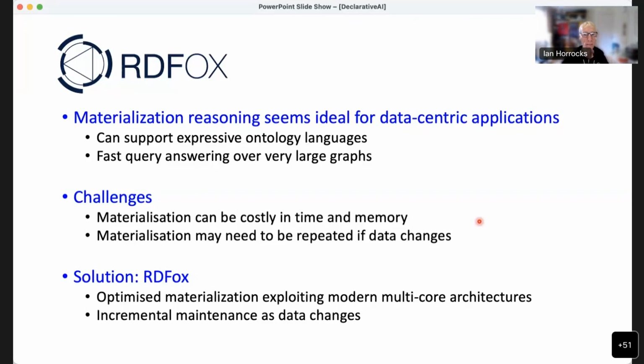And the idea behind RDFox is that we wanted to optimize materialization by exploiting modern computer architectures that have typically very large main memories and also multi-core architectures. And we also wanted from the very beginning to support incremental maintenance. So if we delete edges, we don't want to have to repeat the whole materialization process, but we want to be able to do this kind of truth maintenance.